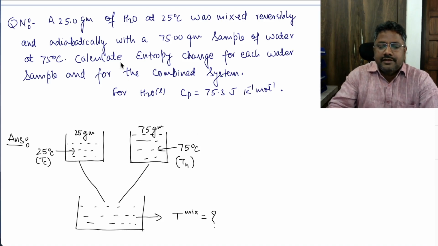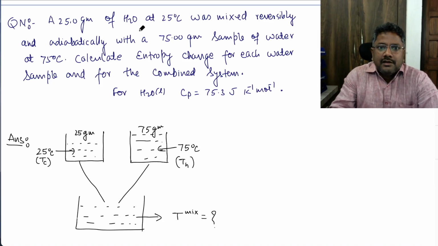This is a very interesting question and a good question as well. See, 25 gram of water at 25 degrees Celsius was mixed reversibly and adiabatically, meaning there is no heat loss to the surroundings during this mixing process, with 75 gram of water sample at 75 degrees Celsius.